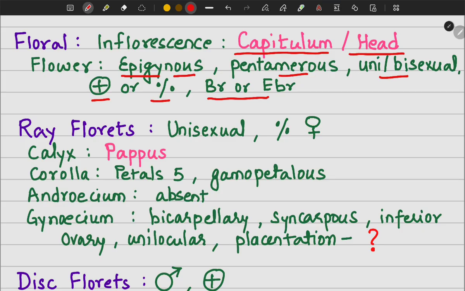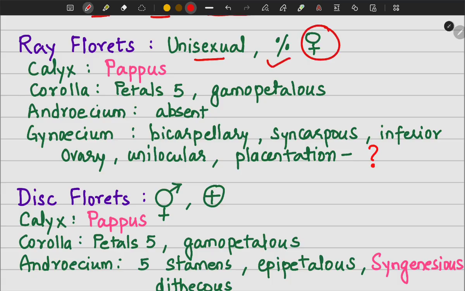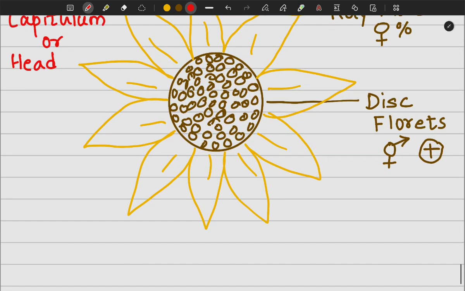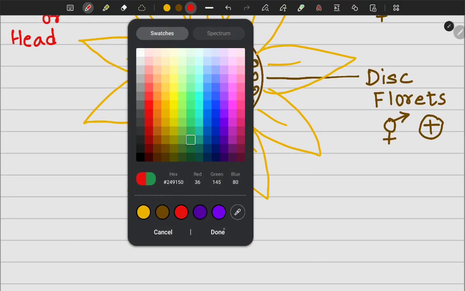Now let us learn about the two types of florets. So the ray florets, as we just learned about, are unisexual, mainly female, showing zygomorphic or bilateral symmetry. The calyx is pappus. Now what does this pappus mean? If we talk about sunflower, the calyx of the sunflower is bristle-like.